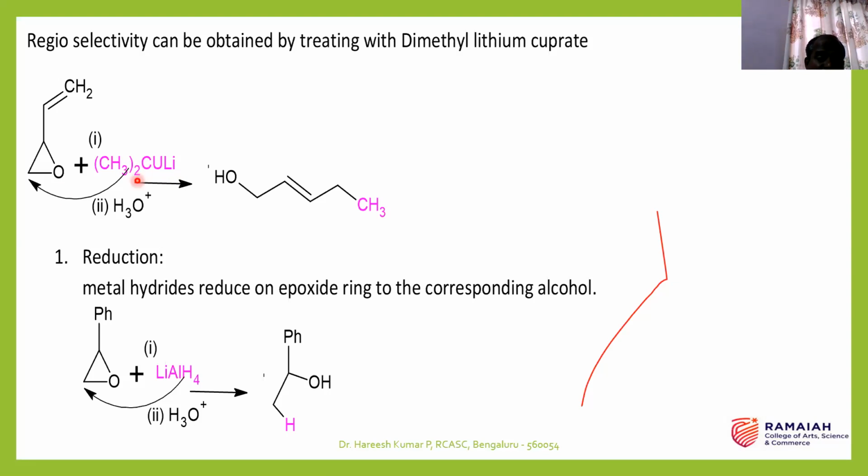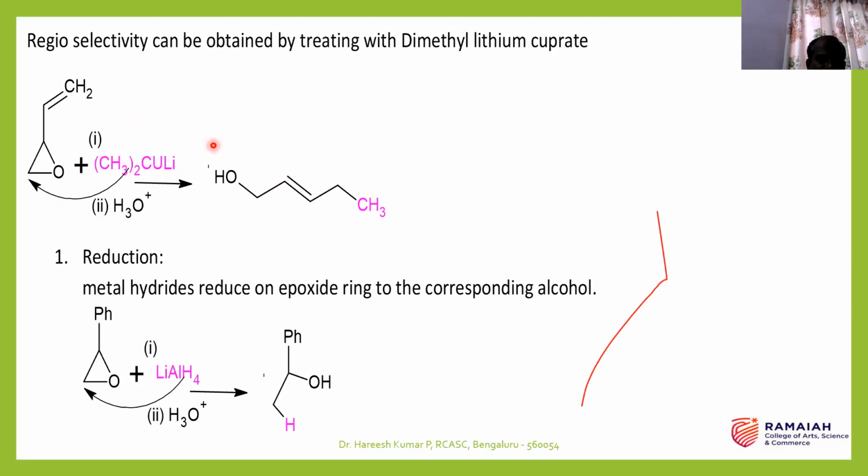That carbanion can attack the less hindered carbon, forming only one product. There is no other product. That is why we say that regioselectively we get only one product when we use dimethyl lithium cuprate as the alkylating agent or nucleophile.